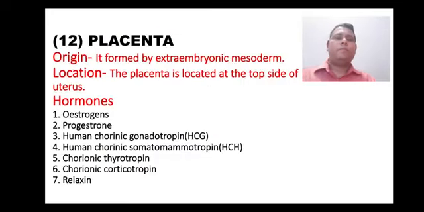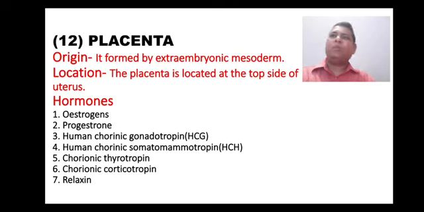Another endocrine gland is known as the placenta. Actually, the placenta is the intimate connection between the fetus and the uterine wall of the mother for the maintenance of pregnancy. The placenta is a temporary endocrine gland during pregnancy.